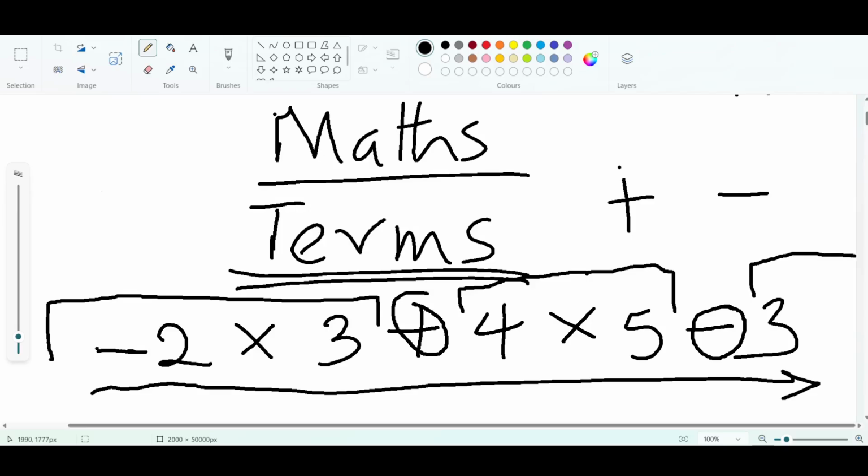So this tells us that in this particular expression, there are three terms. This is the first term, this is the second term, and this is the third term. So this is how we are able to demarcate one term from another.